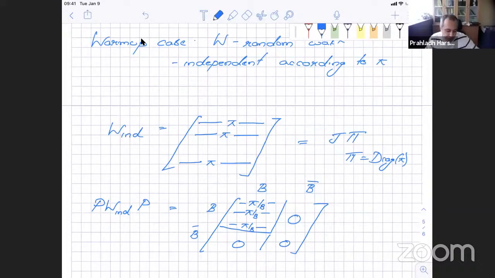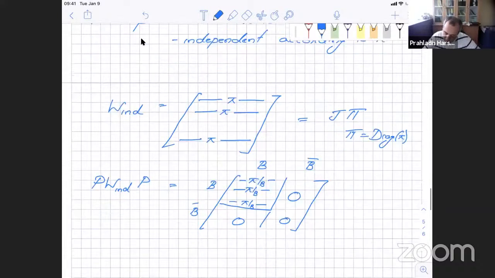And it's not hard to see for this guy, it's rank 1, and if you multiply it by I_B, what you will actually get is I_B multiplied by pi_B.